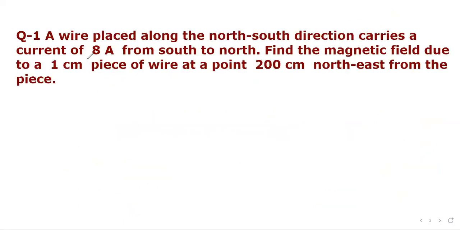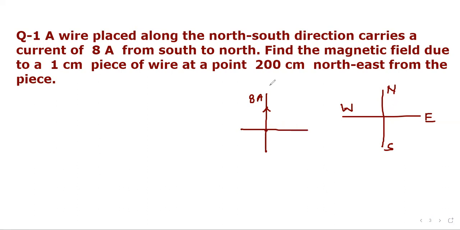Now, let's see question number 1. A wire placed along the north-south direction. Suppose we denote this is north, this is south, this is east, and this is west. So the wire is placed along the north-south direction, and it carries a current of 8 ampere. So we consider its small portion here and find the magnetic field due to a 1 cm piece of wire.